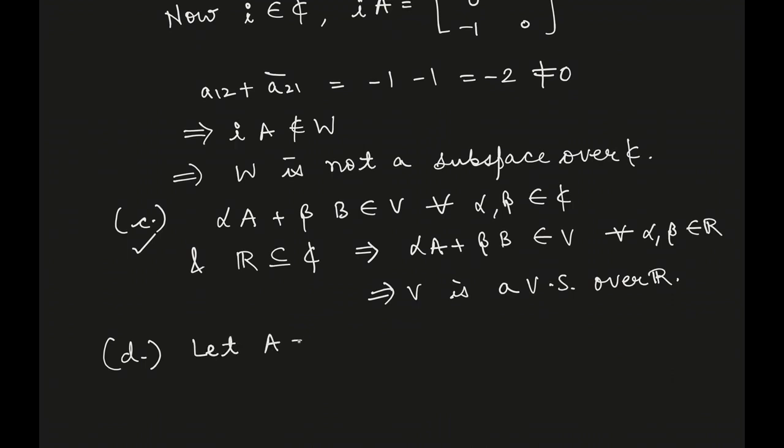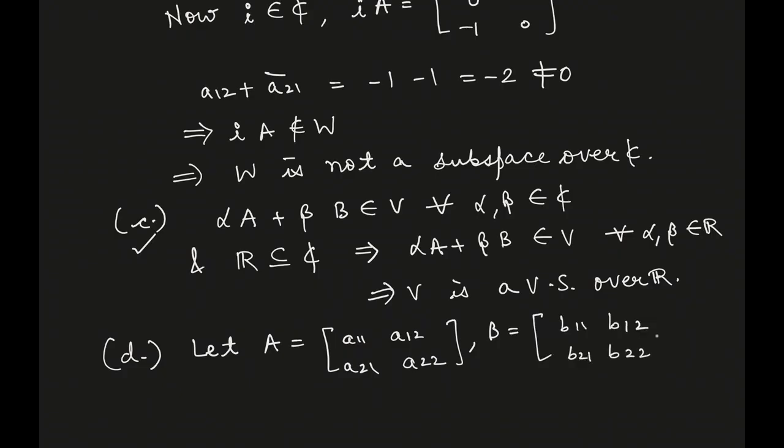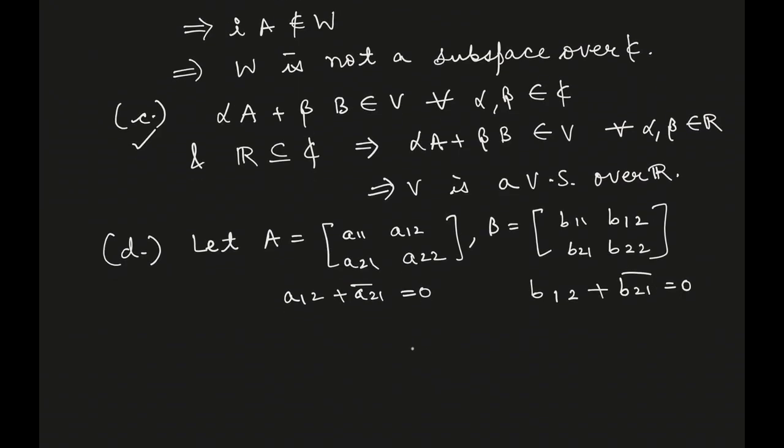Last part, W is a vector space over R. Now take two matrices, A and B equal to B11, B12, B21, B22, such that A12 plus A21 conjugate is equal to 0, and B12 plus B21 conjugate is equal to 0. Such that A, B belong to W. Let alpha, beta belong to real numbers.